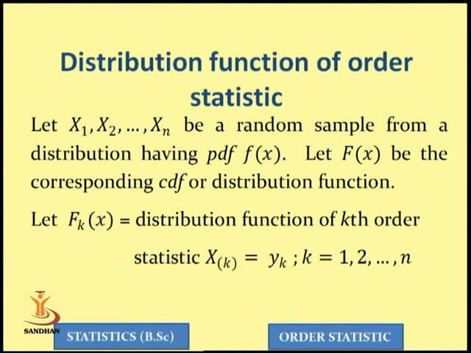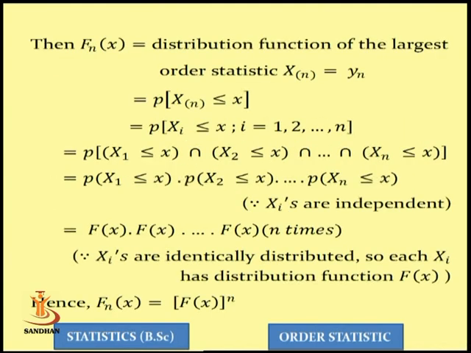So if I have a kth order statistic, then the distribution function of the kth order statistic I can denote by capital F of x suffix k, the distribution function of the kth order statistic xk, and for simplicity of notation we denote it as yk, for any k from 1 to n, that is any order statistic. You can define a distribution function for any order statistic.